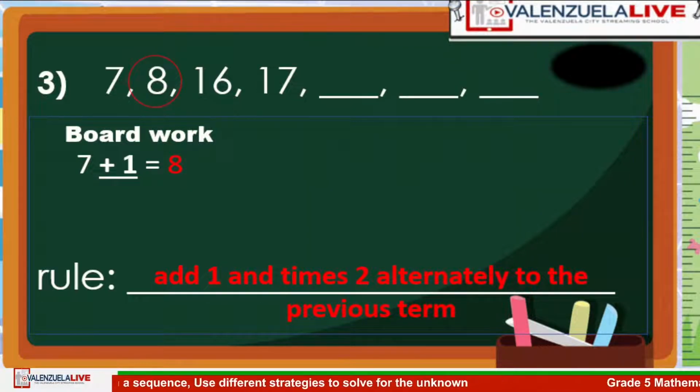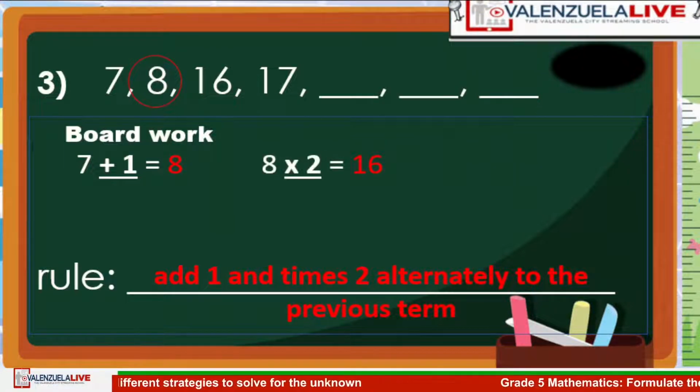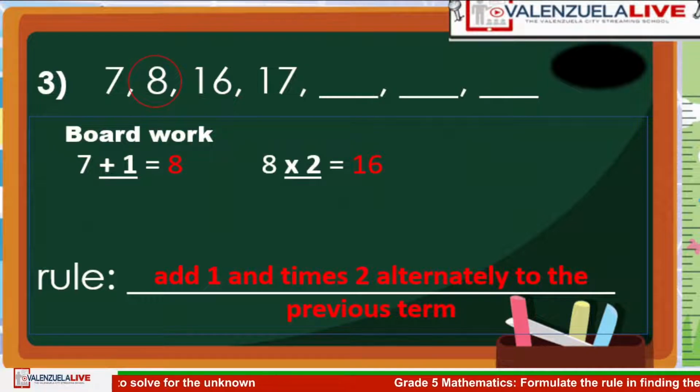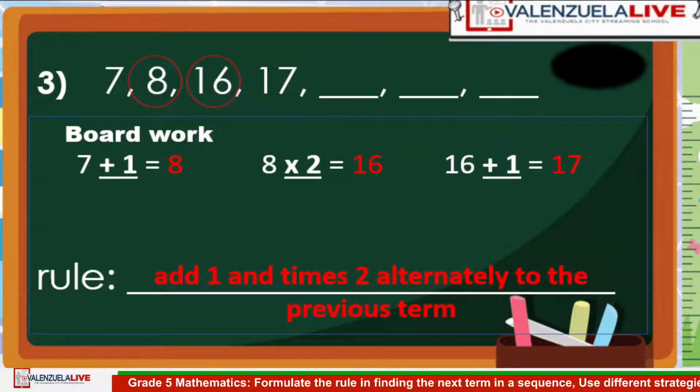Then, for the third term, you have to multiply it by 2. So 8 times 2, that gives you 16. And the next one? Yes, that's right. You have to add 1 to 16. That is equal to 17. All right.